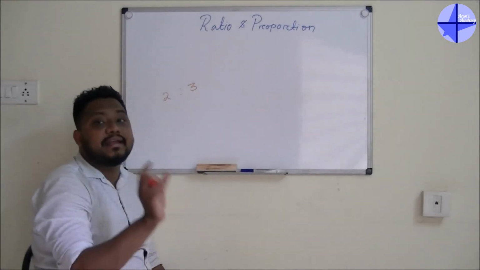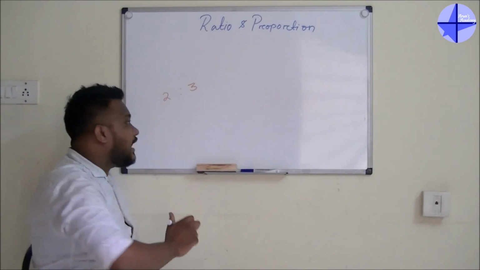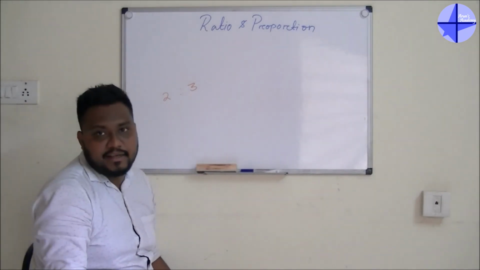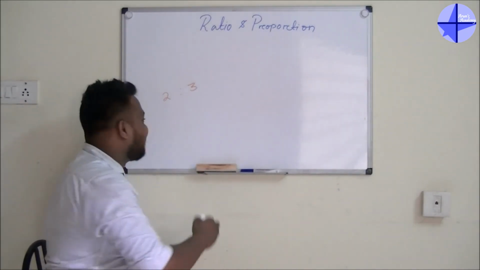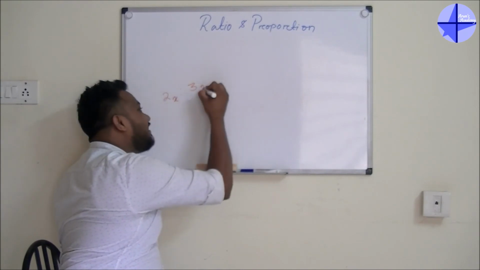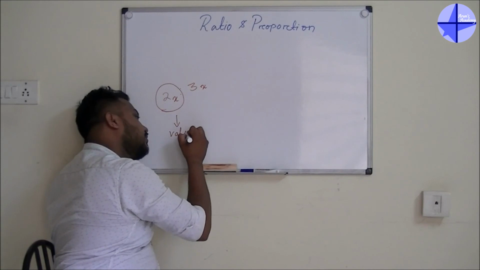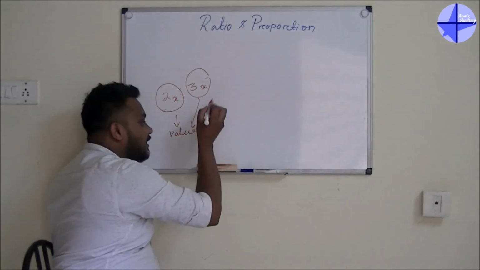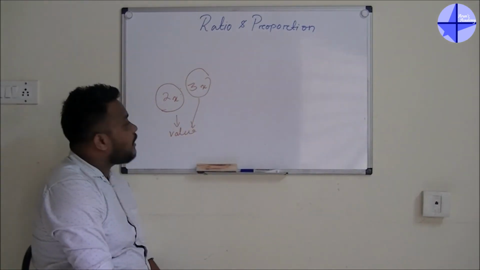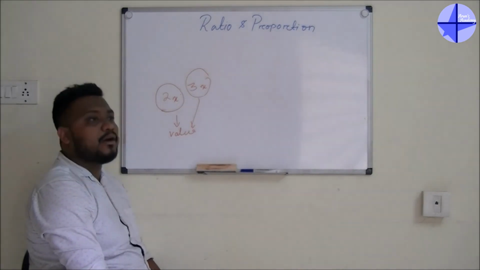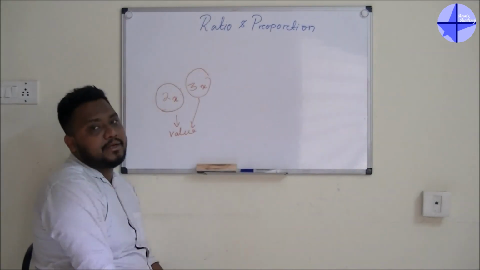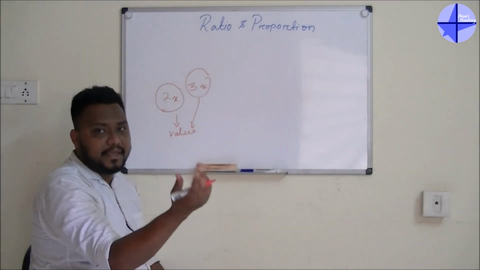Then only you will get the amount. How to do that? Your favorite variable, that is x. So it is 2x and 3x. Now you can consider 2x as one value and 3x as another value. Every time you have to multiply that. Why to multiply? I will tell you whenever we solve some examples.